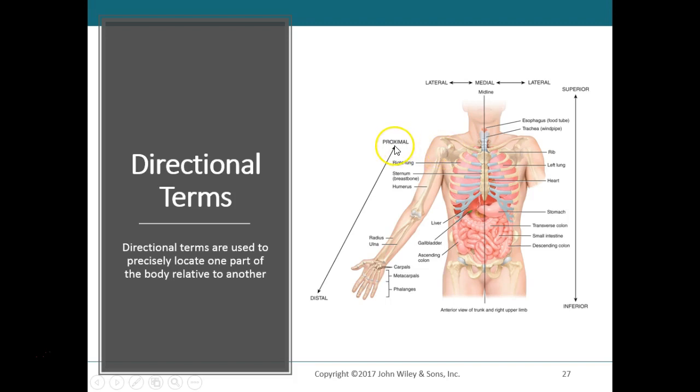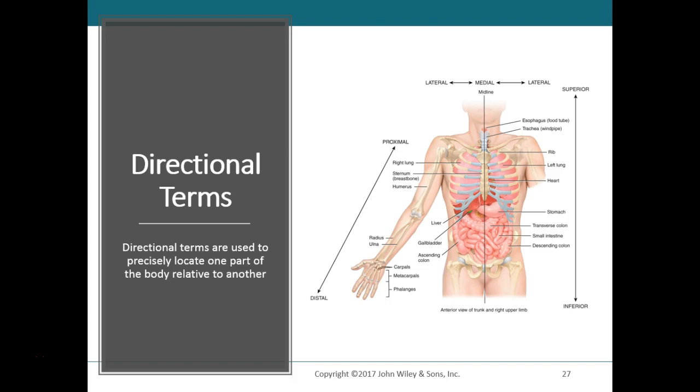Proximal is closer to the point of attachment. So the shoulder is proximal to the elbow. Now you can use these terms to describe one part of the body in relation to another. You wouldn't just say the hand is distal. That doesn't tell anyone you're talking to the hand is distal to what.